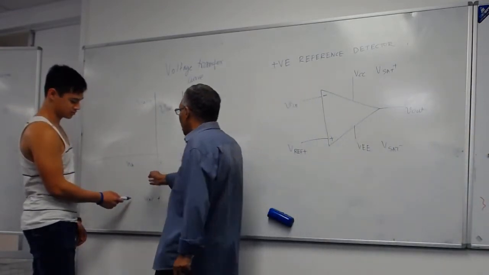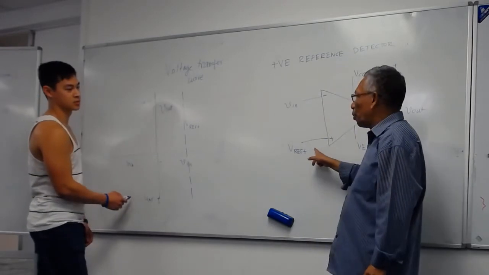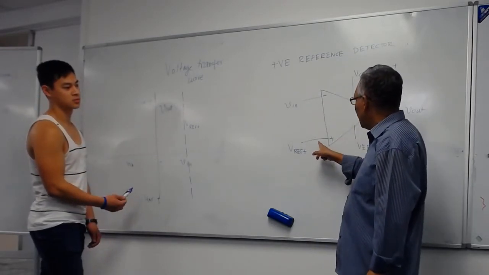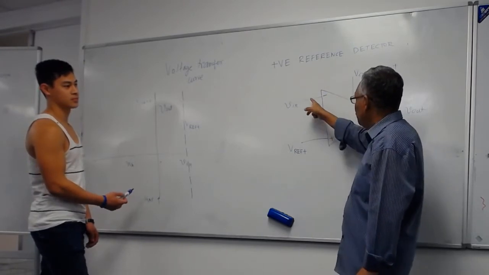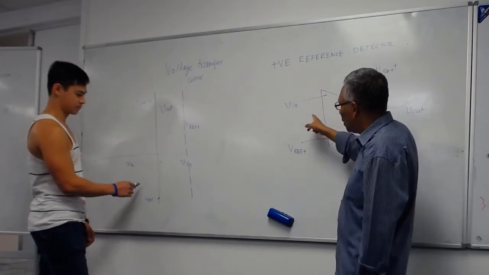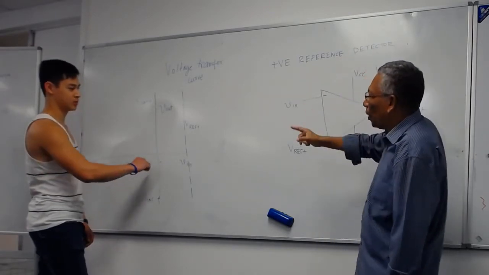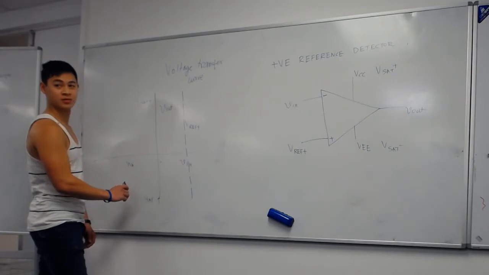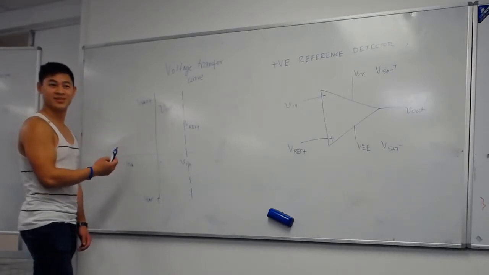If you have a negative voltage here, and this is a positive voltage, this is positive relation with this. If this goes up, this goes down. If this is going down, this is smaller than this, then this will go up. So where should it be? You start from the bottom, but your output should be at the top.